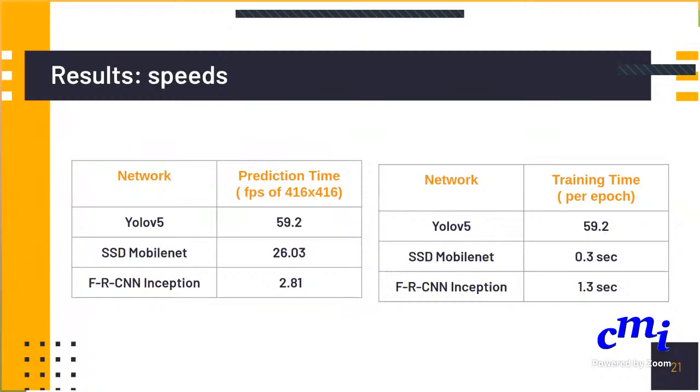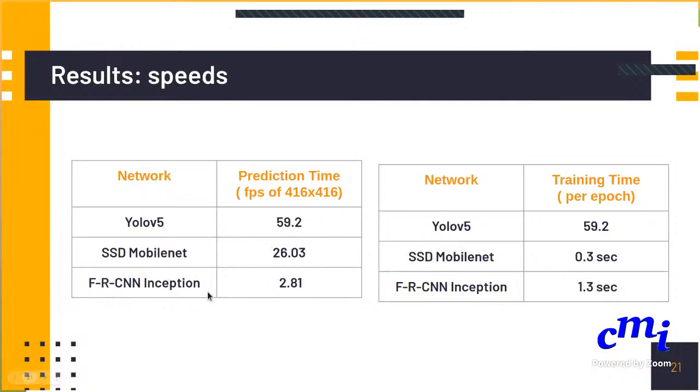This is the speed for detection that we have. For prediction time, YOLO V5 can predict 59.2 images per second. MobileNet SSD can predict 26 images per second.